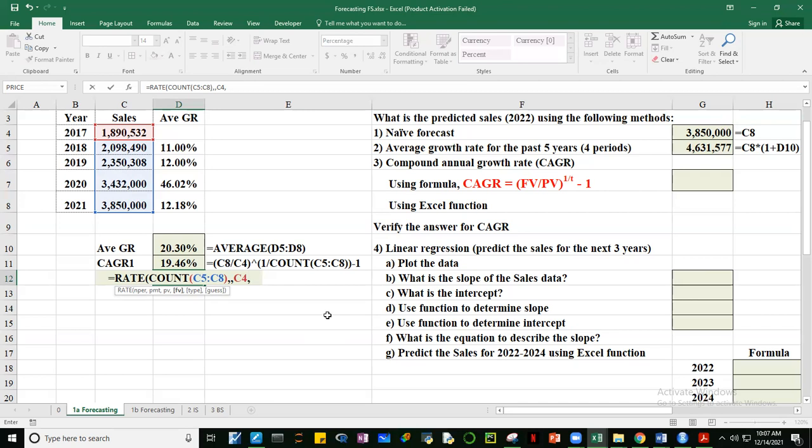Wala sumasagot. PV is this one. What's our FV? Hello guys, what's our FV? 3850. Okay? So yung C8, pakilagay yung C8 guys tapos tell me if you get the same answer, 19.46.